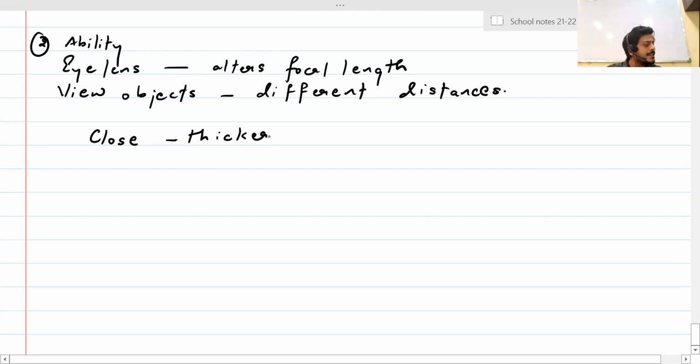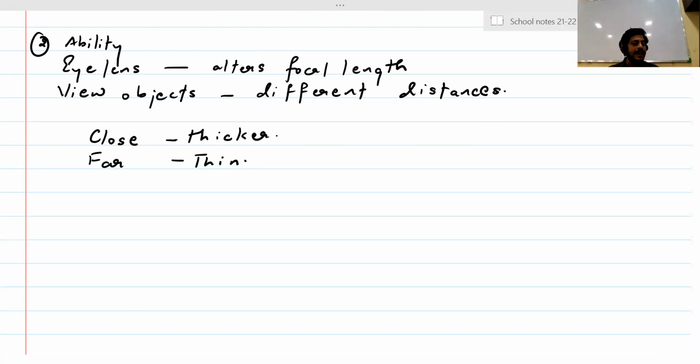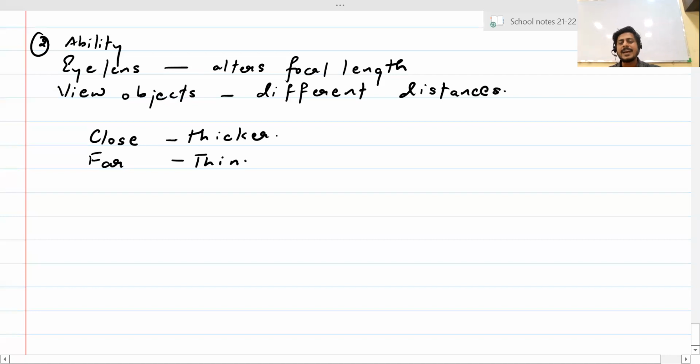And when you see something that is far away, the lens is pulled and is thinner. So thin for distant vision and thick for near vision.